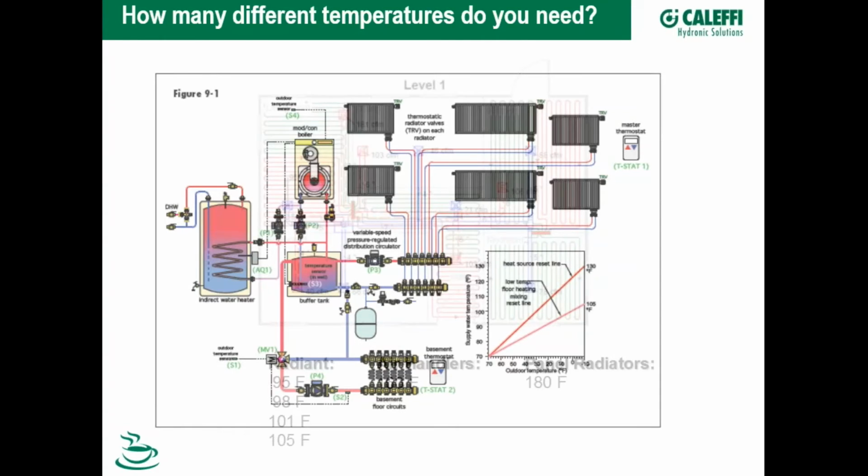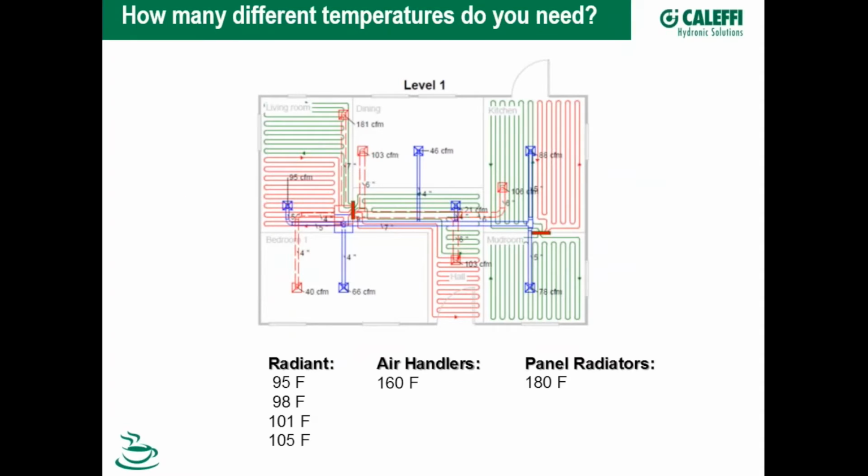Now, one of the questions that always comes up, and I've had to field this a couple of times in the past, is when somebody goes in and looks at a system and comes back and says, they look at something like this, a design where somebody's done a radiant design, and they say, well, I need 95-degree water, I need 98-degree water, I need 110-degree water, and I need 105-degree water for radiant.